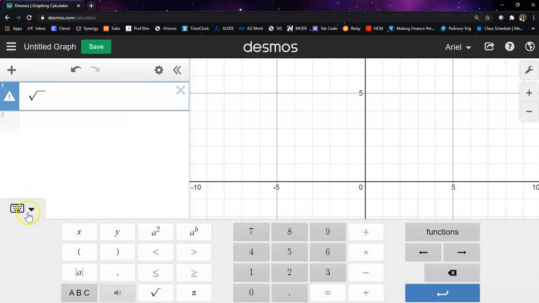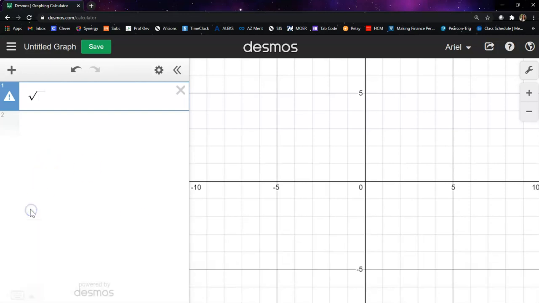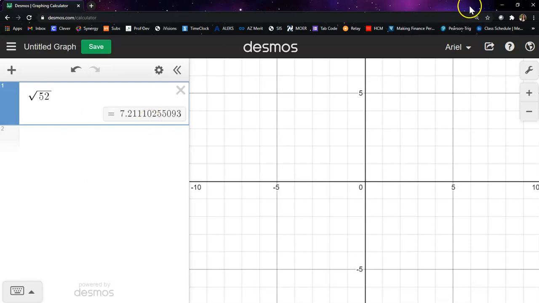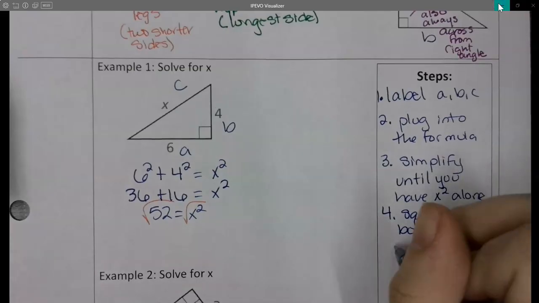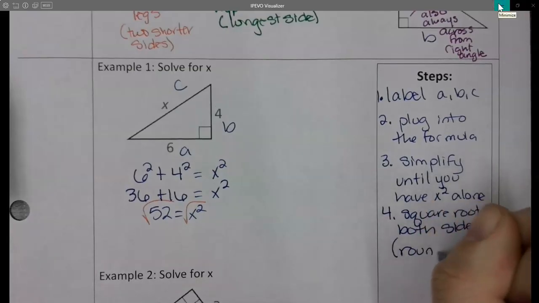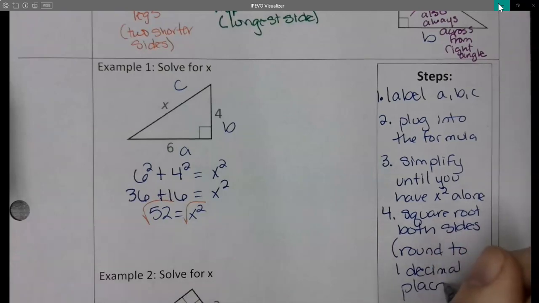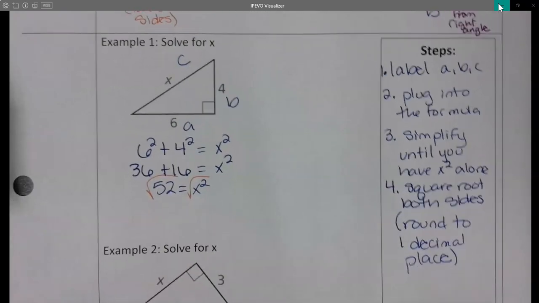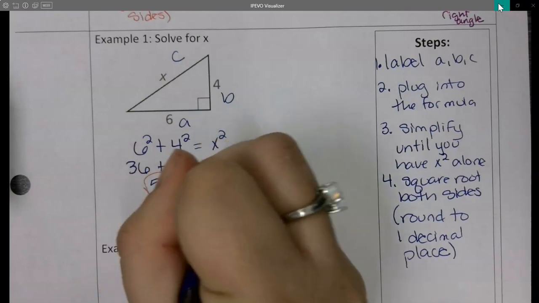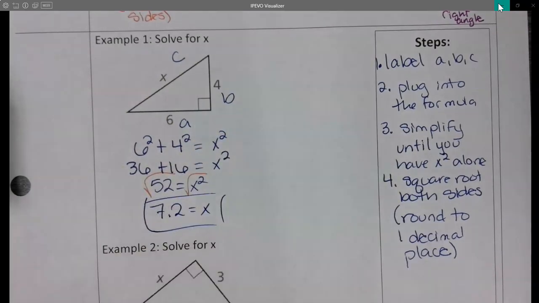Or I could go to the keyboard part down here and then press this button on the bottom. Both of those will get me the square root. I want to type 52, which gives me 7.2 with a bunch of numbers. I want to round to 1 decimal place, unless it tells me otherwise. So that was 7.2 for x right here.